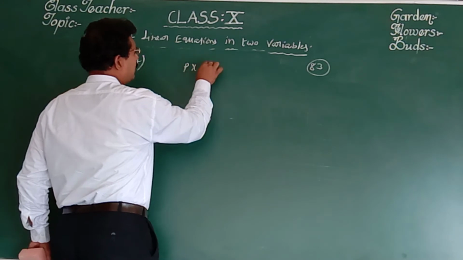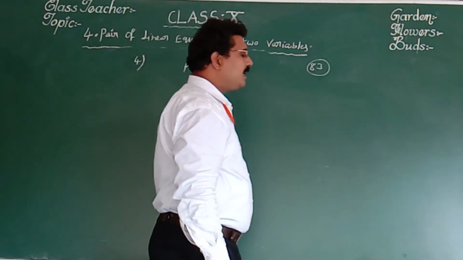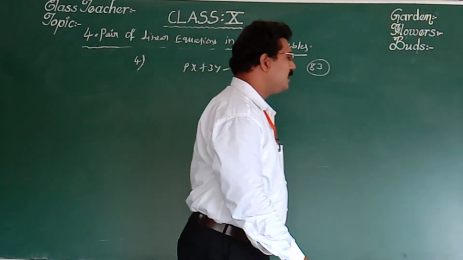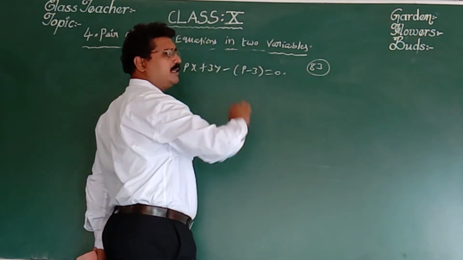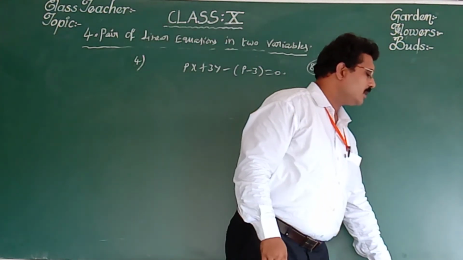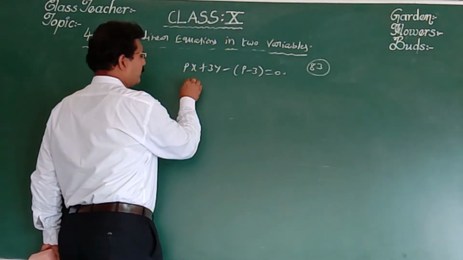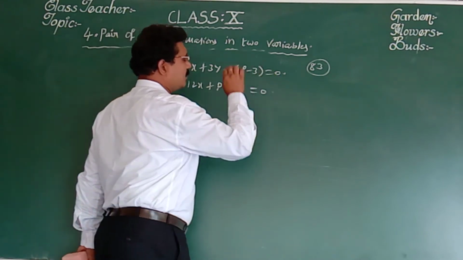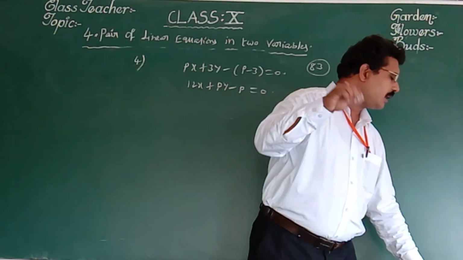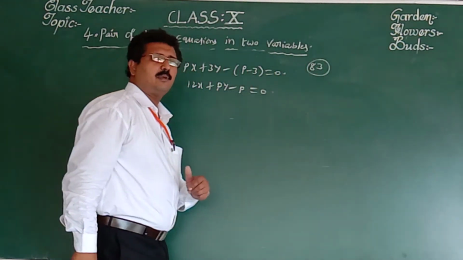Now what are the equations given? px + 3y - (p - 3) = 0, and 12x + py - p = 0. For what value of p are there infinitely many solutions?